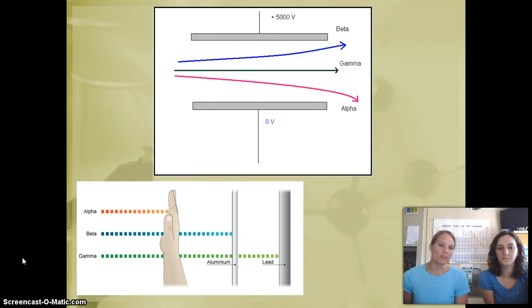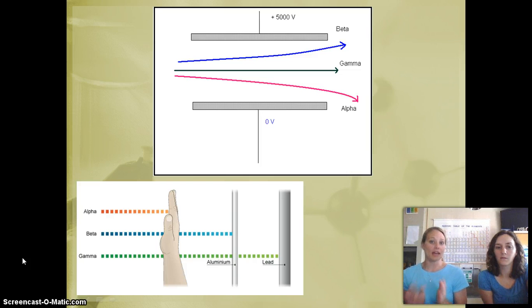Now at the bottom, we've got how these types of radiation will affect you and how they can harm you. The alpha particle, because it's so heavy, has a mass of 4, it's a big particle. You, as a person, will stop alpha particles from passing through you. You will absorb them. Beta particles will travel through you and be stopped by an aluminum plate.